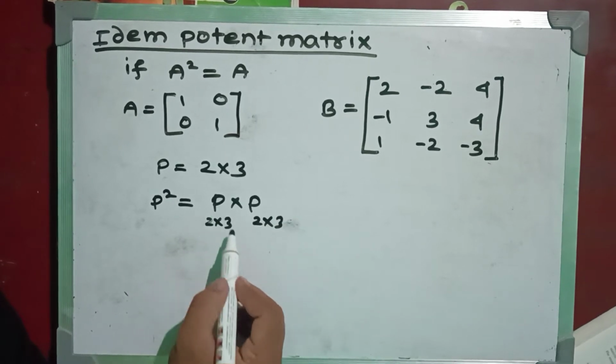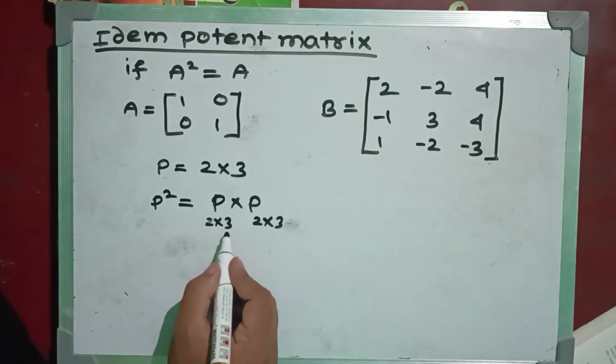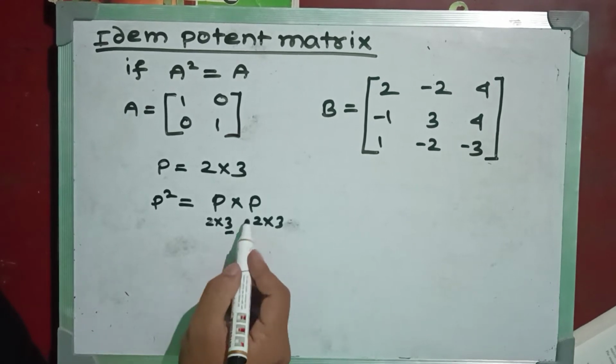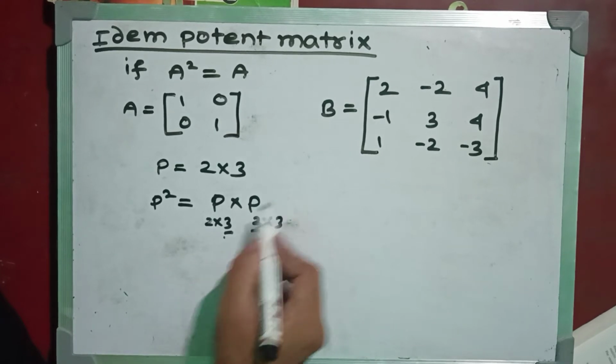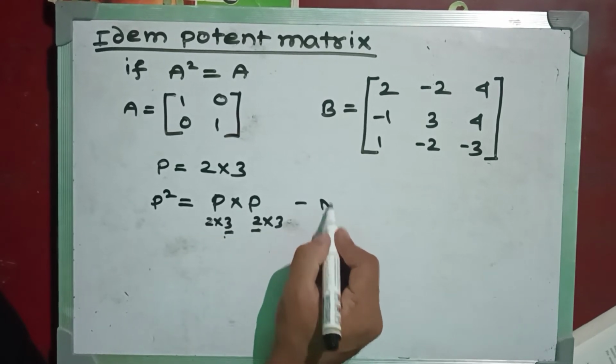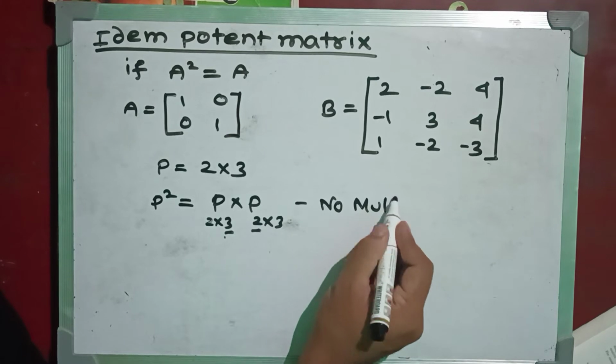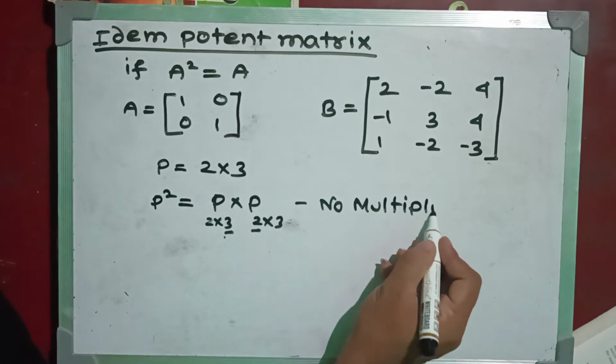So the columns of the first matrix is 3 and the rows of the second matrix is 2. So we can't do the multiplication here. No multiplication will be there.